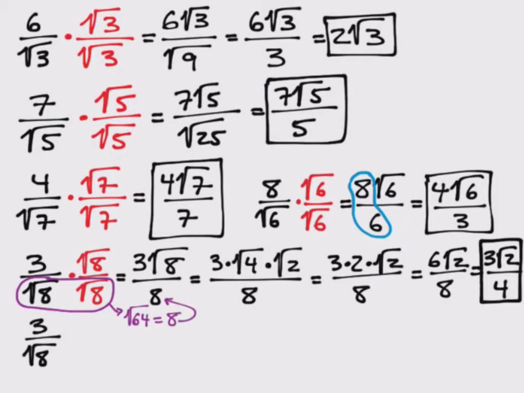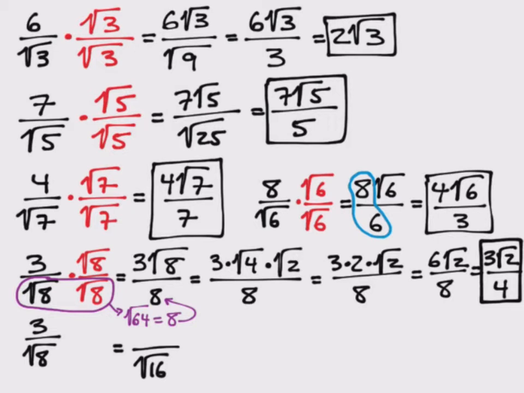But is there another multiple of 8 that's smaller than 64 but still a perfect square? Yes, 16. So is there a way that we can somehow change the square root of 8 into the square root of 16? Absolutely.